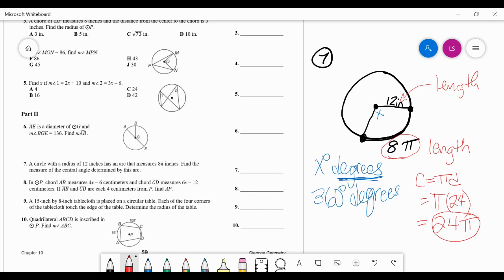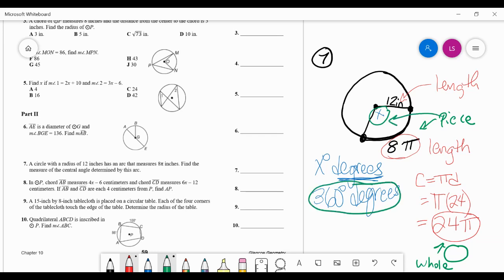So the piece is 8 pi. That's the piece. And this is the entire circle. That's the whole. And the x, this part, that's also the piece, and 360 degrees is the whole.